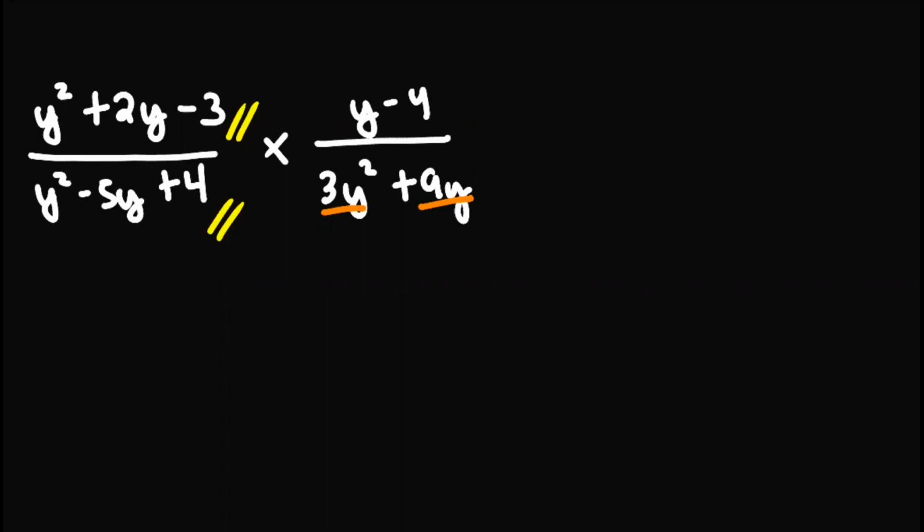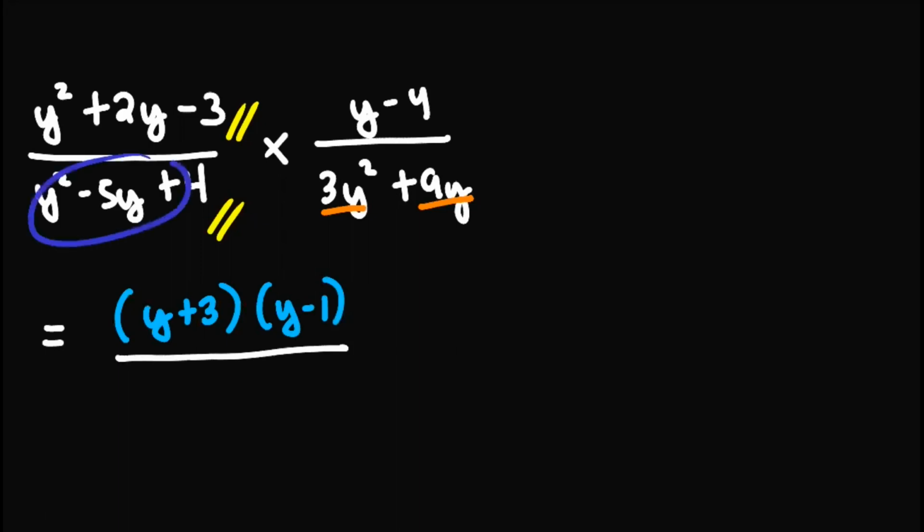So with these in mind, we can write this one in factored form. You can verify it is y plus 3 times y minus 1. And the factored form of this one is y minus 4 times y minus 1.